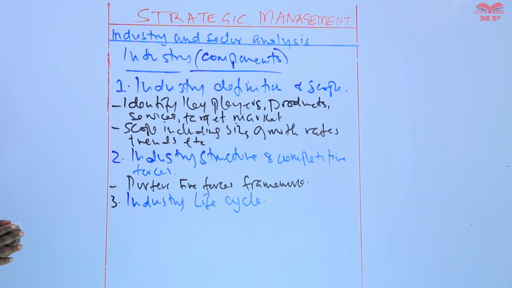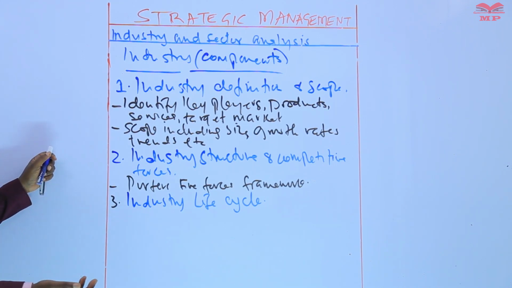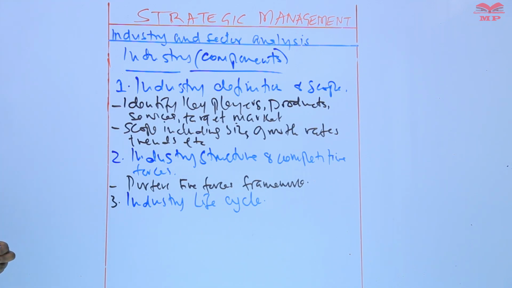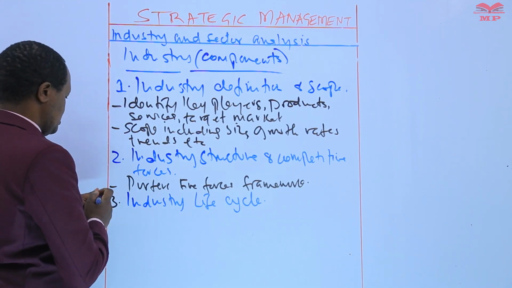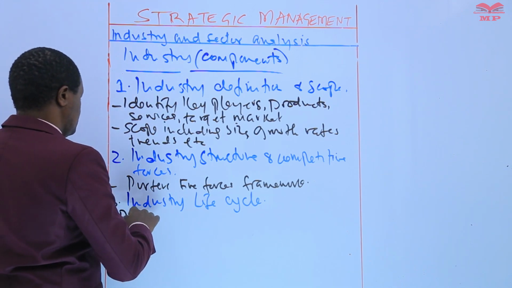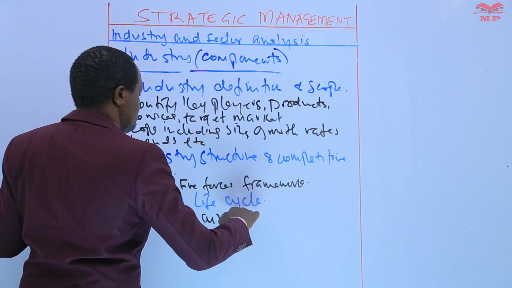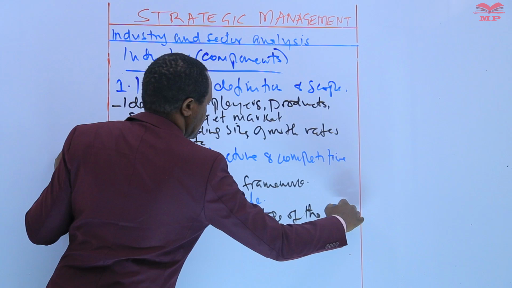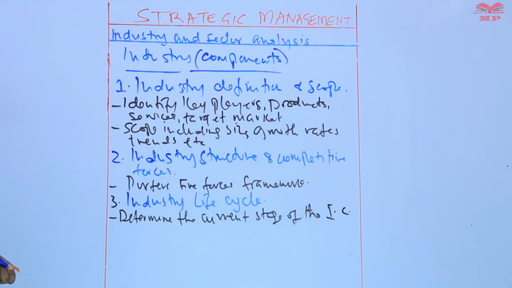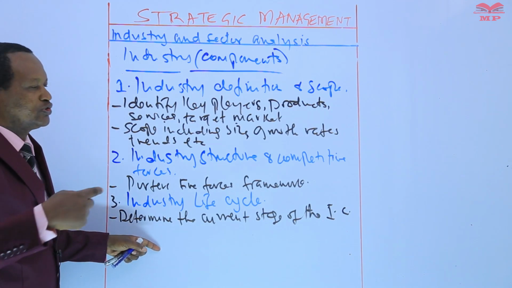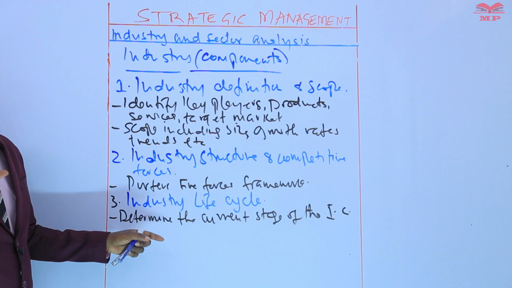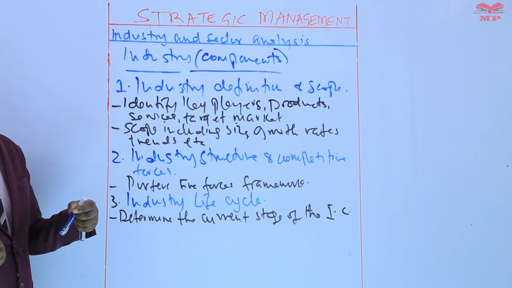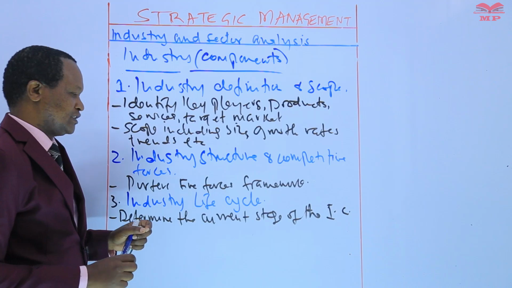That is to say, determining the current stage of the industry life cycle. Is the industry at the introduction phase? Is it at the growth phase? Is it at the maturity phase? Or is it at the decline phase?